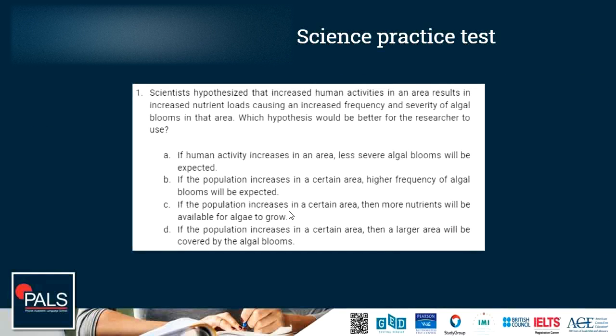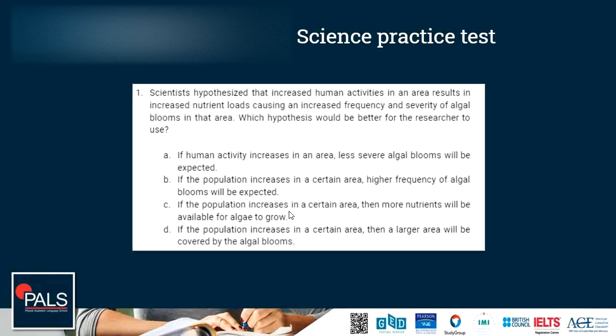The first question we are looking at is this. Scientists hypothesize that increased human activities in an area results in increased nutrient loads, causing an increased frequency and severity of algal blooms in that area. Which hypothesis would be better for the researchers to use?